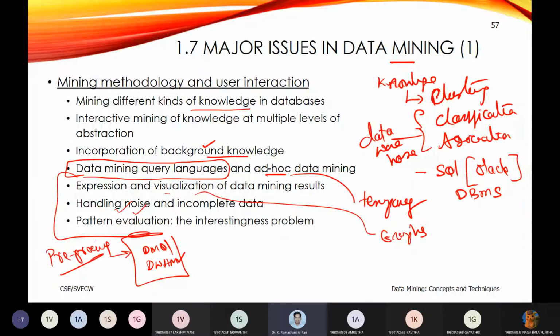So we are going to work with data pre-processing techniques so that we will make the data pure. Finally, we are going to communicate the result. We call that one pattern evaluation.